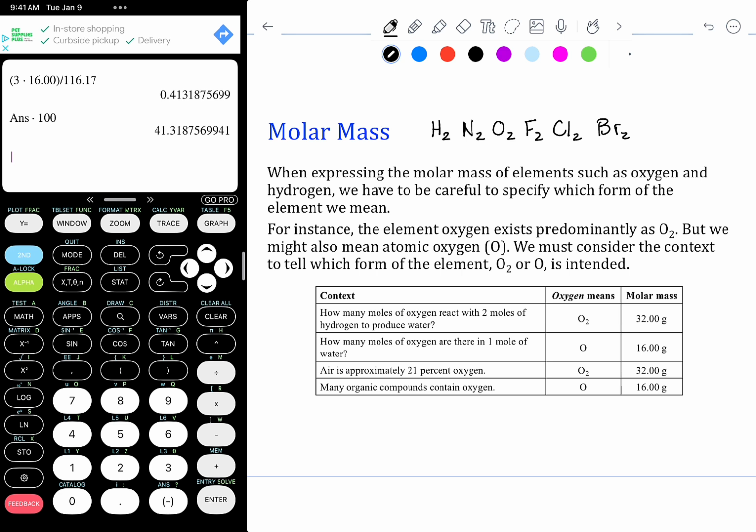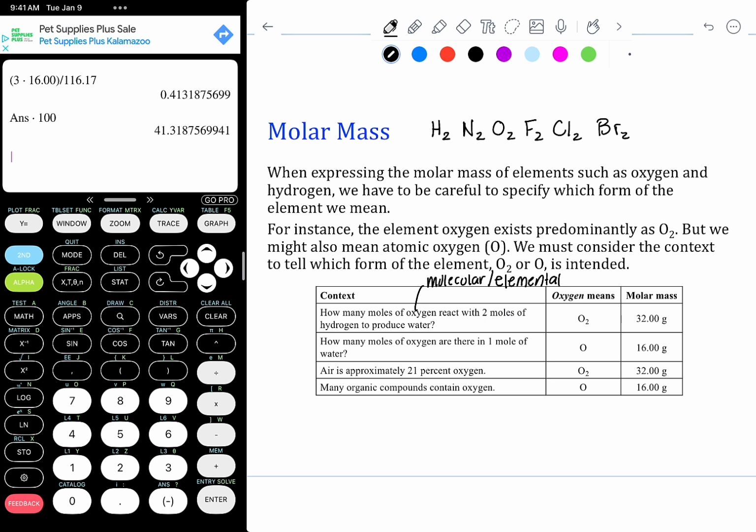So here are some examples. How many moles of oxygen react with 2 moles of hydrogen to produce water? Here we're talking about the reactant oxygen itself, so this would be molecular oxygen, also known as elemental oxygen. Oxygen exists predominantly as O2.